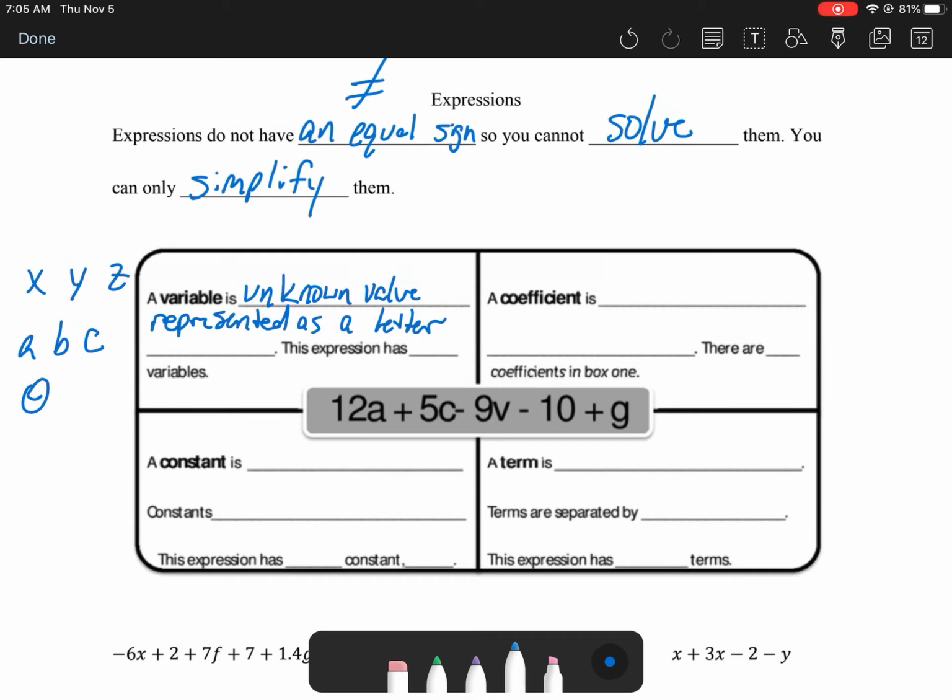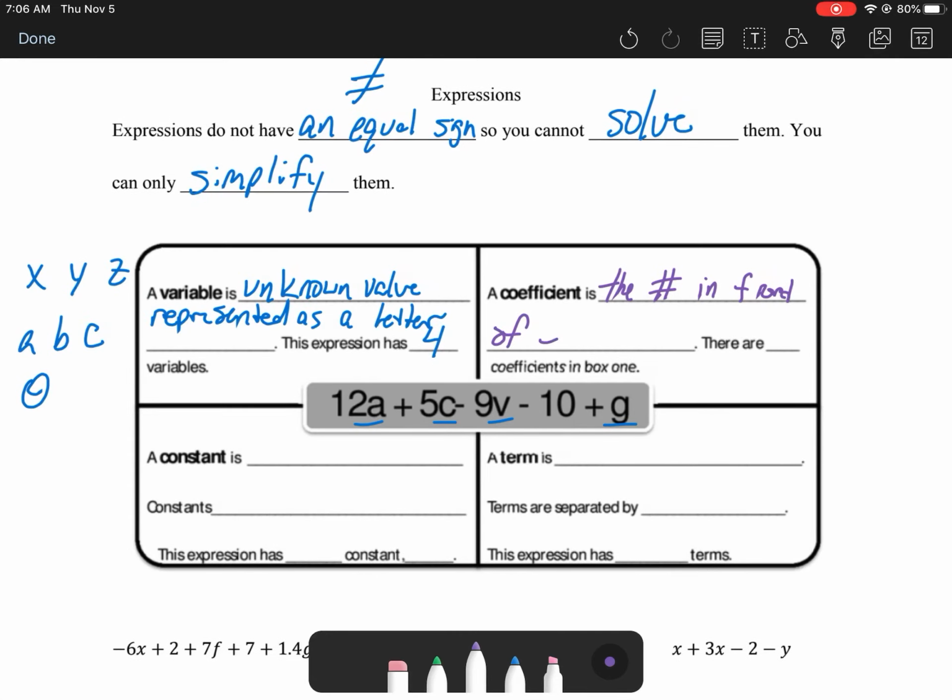In the expression in this little gray box here, we have 1, 2, 3, 4 variables. A coefficient is the number in front of the variable. So whatever the number is in front of the variable, that is called our coefficient.